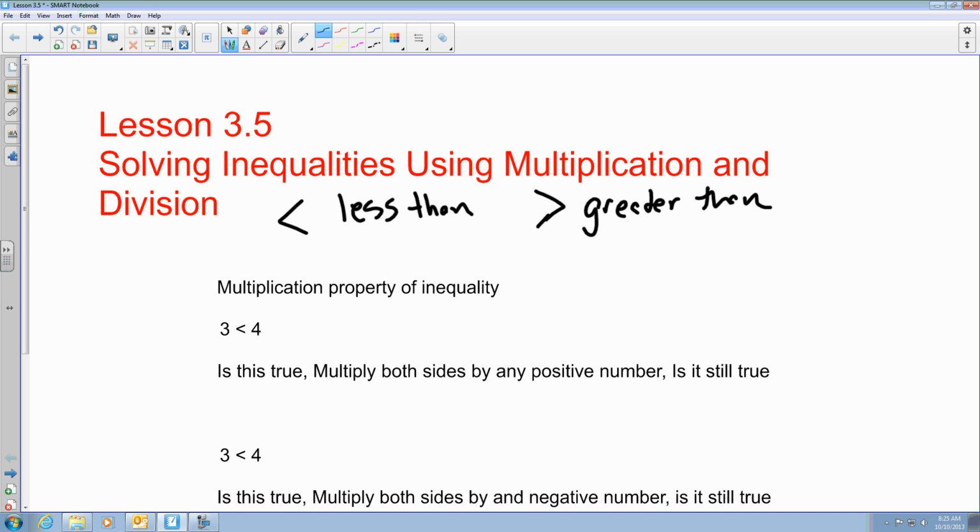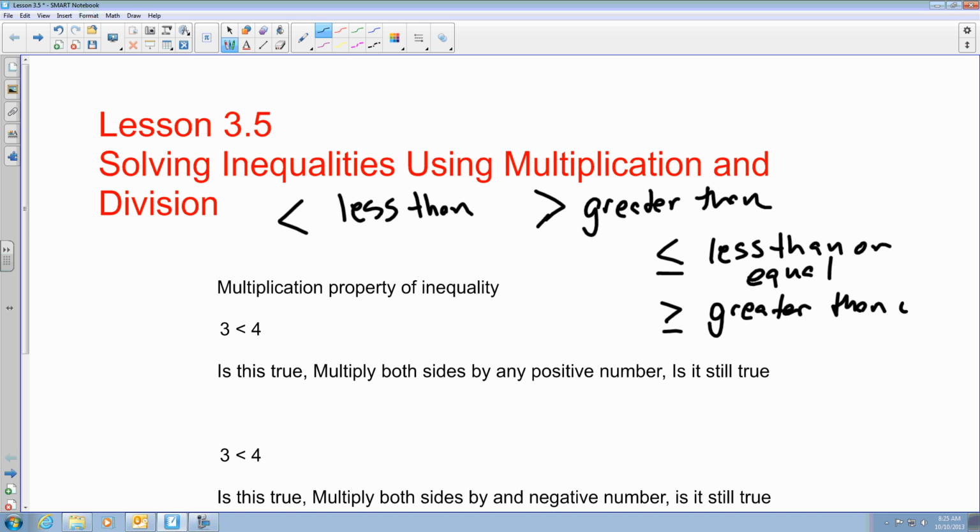If I have a less than sign with a line underneath it, it's going to be less than or equal to. And the last one, if it's a greater sign with a line underneath it, it's going to be greater than or equal to. Okay.